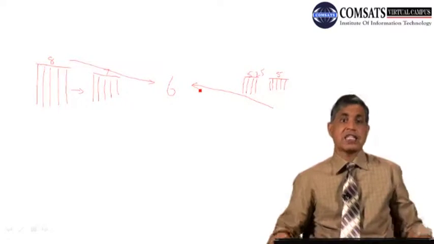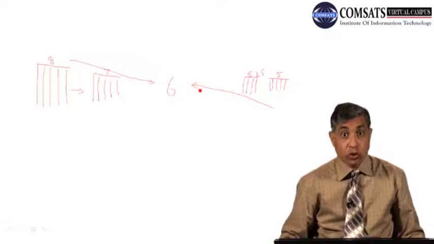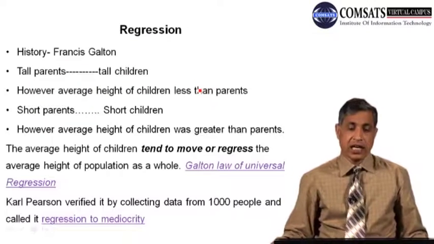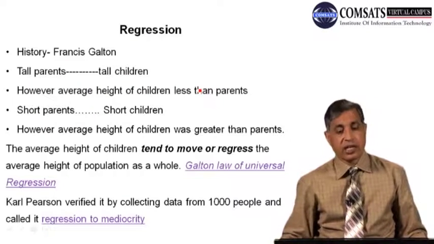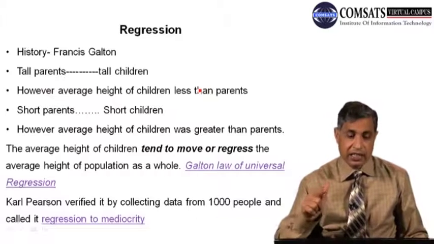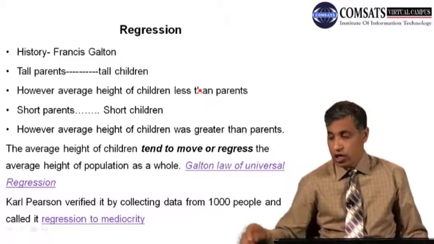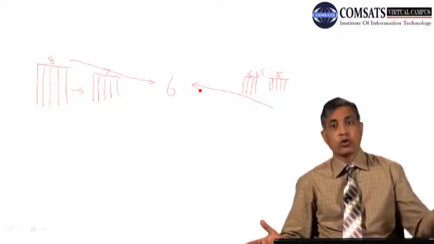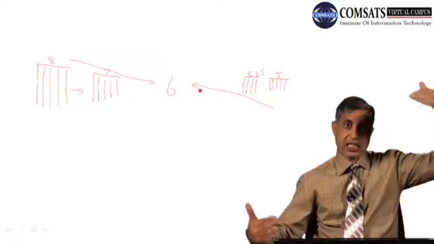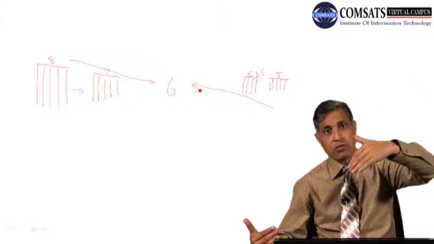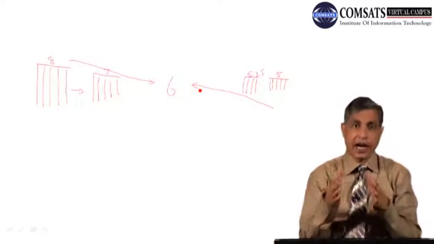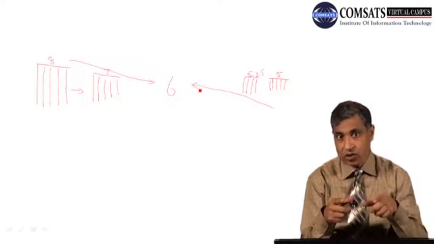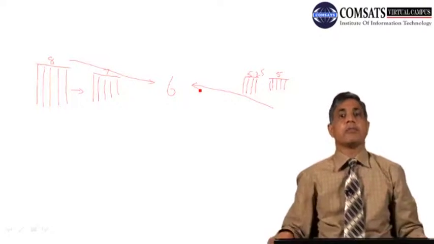This was a very interesting finding, and it became the universal law of Galton. It states that the average height of children tends to regress toward the average height of the population as a whole. The taller is coming down and the shorter is coming up, converging towards the population.